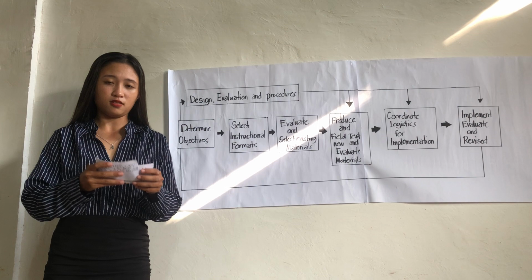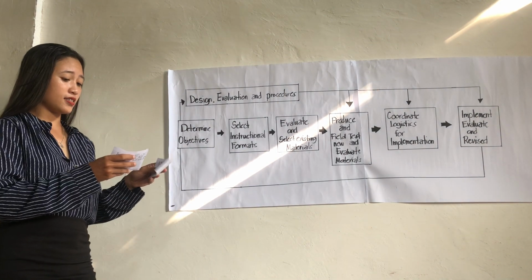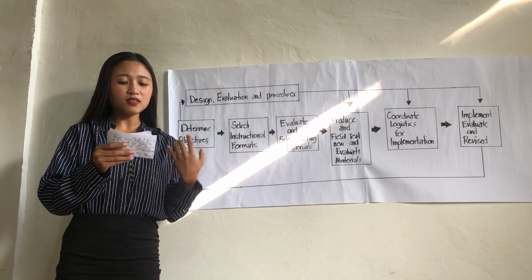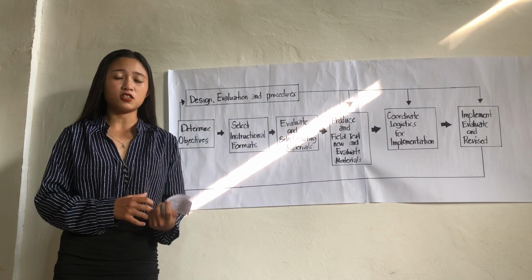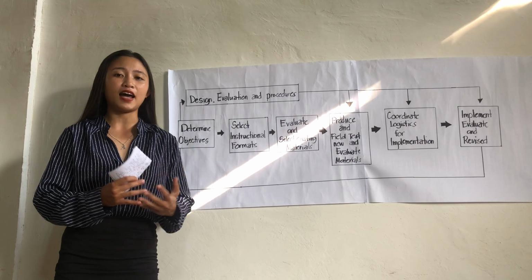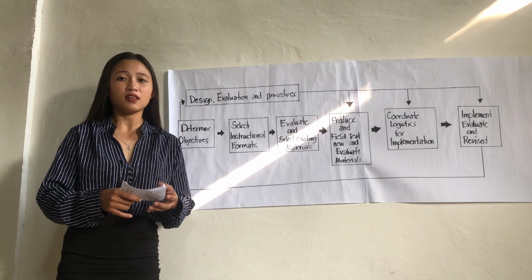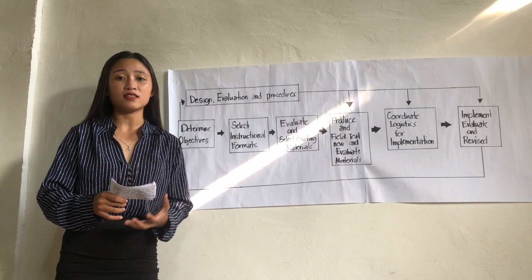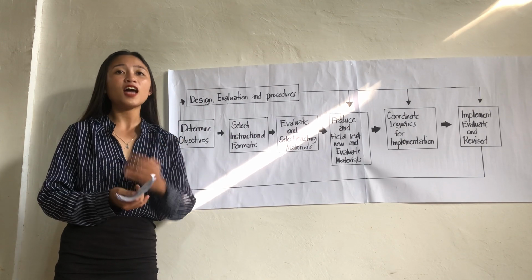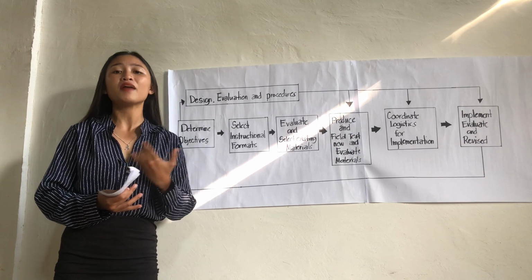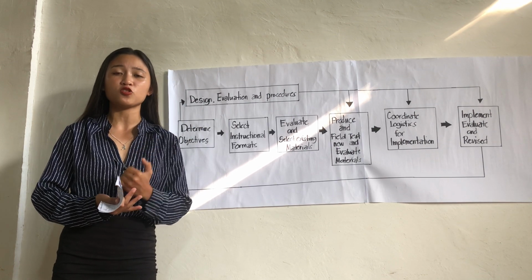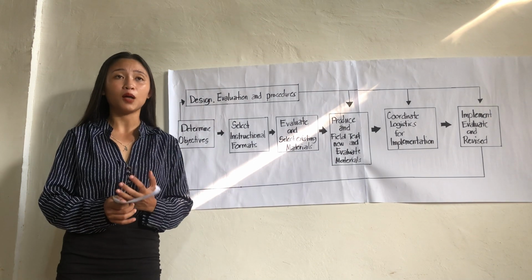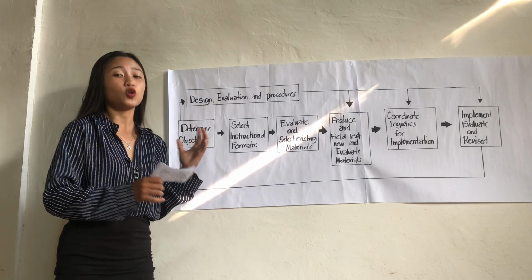The next one is select instruction format. It is the process of selecting methods or teaching strategies that should be aligned with and addressed in the implementation of the curriculum to really assess the learnings of the students. In that way, we could easily teach the students depending on their needs or on the teaching strategies that could be aligned to them, and it could also help in achieving the implemented curriculum.